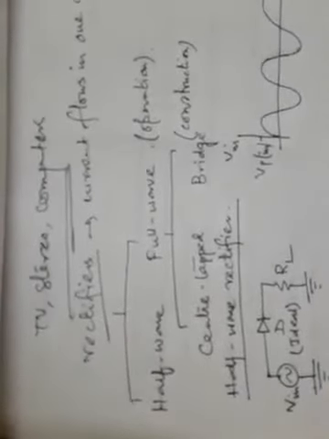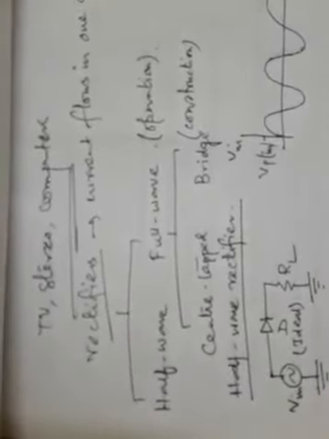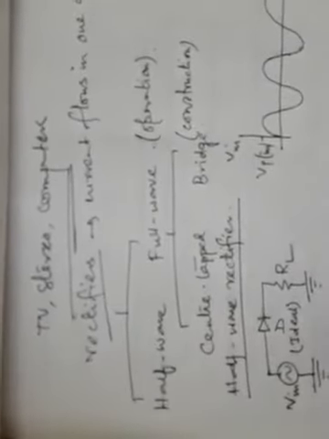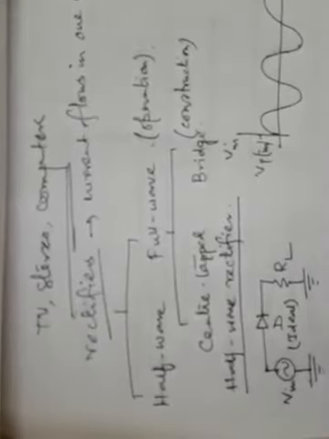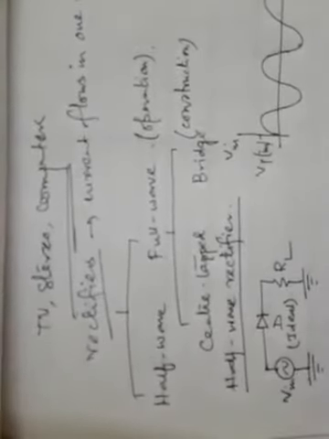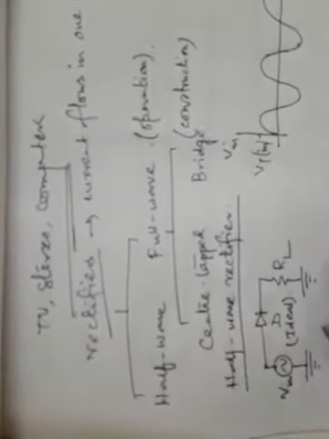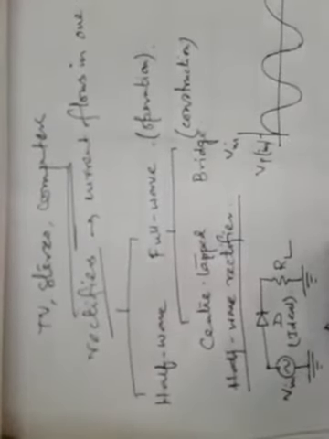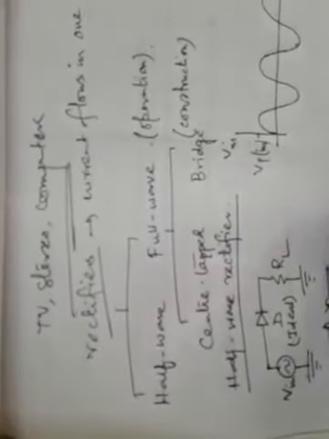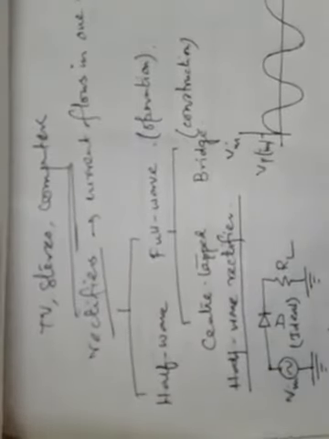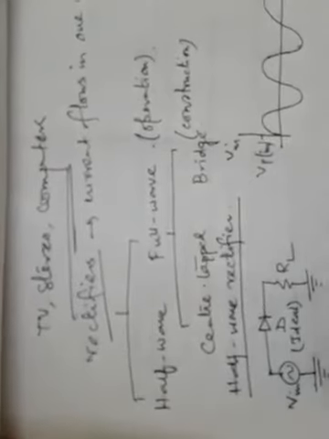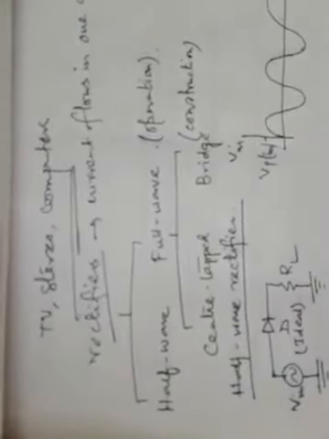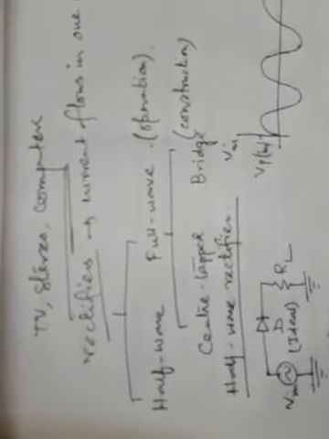Now, if we consider the circuit in the positive half cycle, this side is plus and this side is minus, this is RL, this is plus and minus. So this is during the positive half cycle.